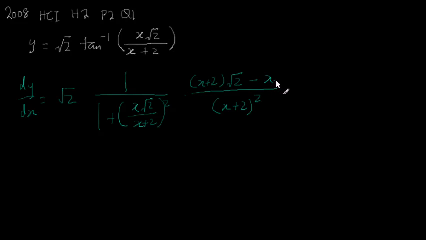So x root 2, differentiate that is just root 2. So this is what we'll get. And I have x root 2 here and an x root 2 here, so they cancel.